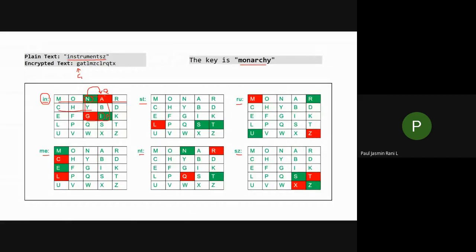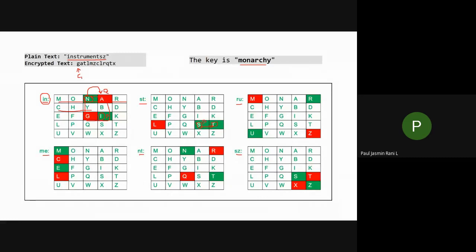And let us consider your second example, ST. For this ST, what happens? Here you have S and you have T. Both plain text P1, P2 lie in the same row. If they lie in the same row, you have to take the immediate alphabet which lies next to it. For this S, which is your next alphabet? T is your next alphabet, because S is your P1.